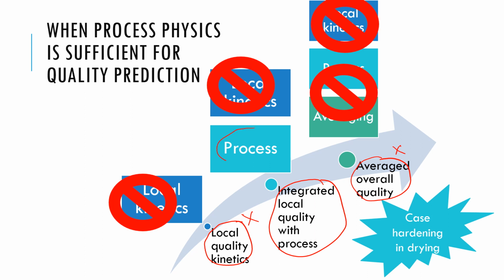Just the process information is enough to predict quality, and this was in the case of case hardening in drying. So to conclude, this video showed that this framework is applicable to, let's say, nutrient content, color, texture, flavor, but also we showed some special cases where we don't need all the components of this framework, just the process model is sufficient.